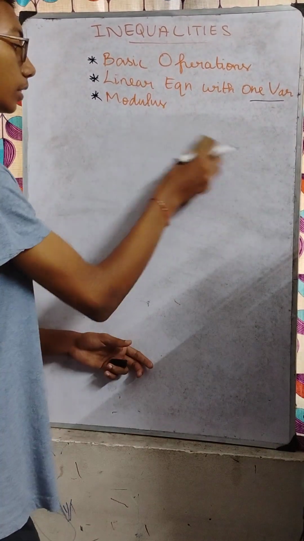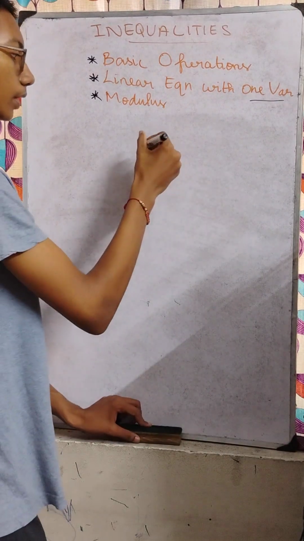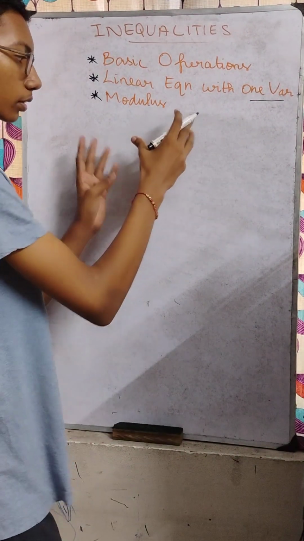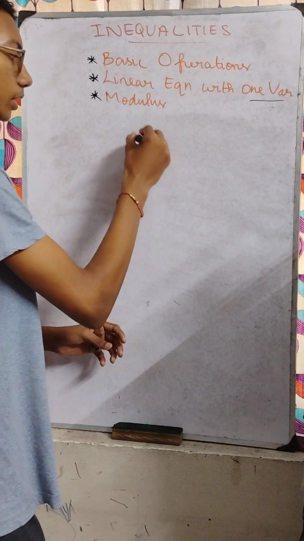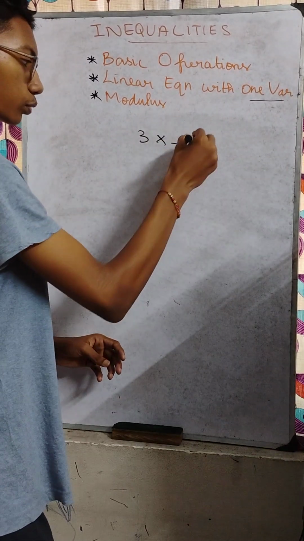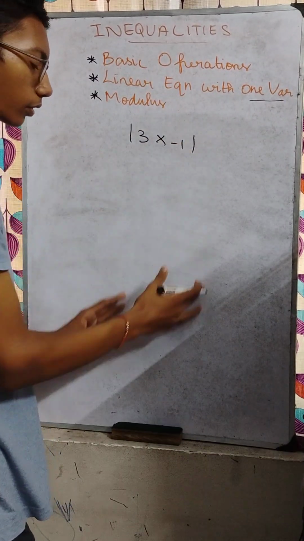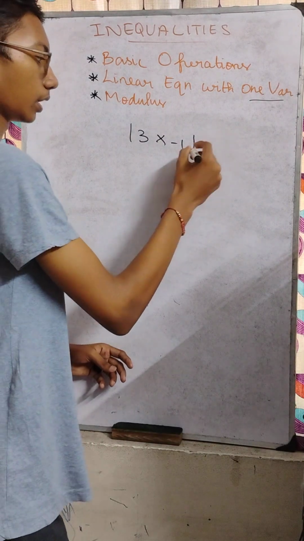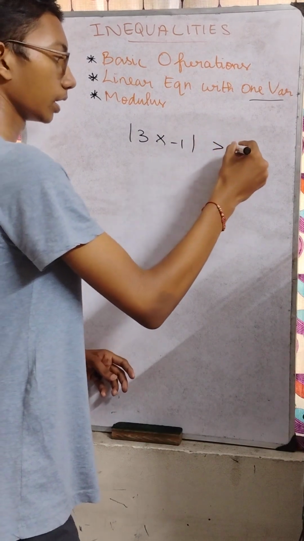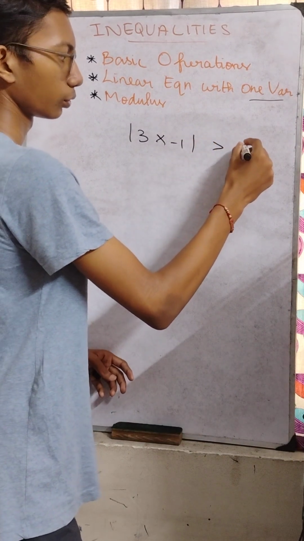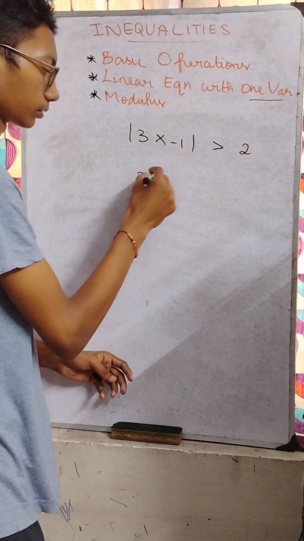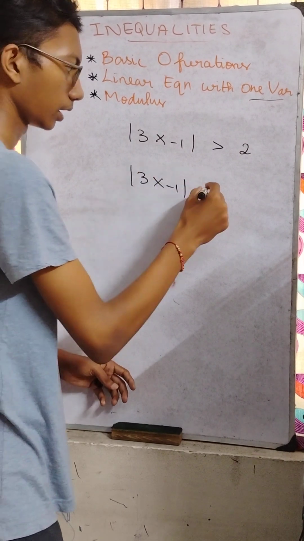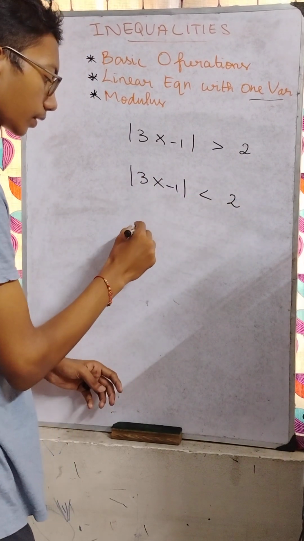What if we have modulus in inequalities? There are four types for modulus. Let's say 3x minus 1, which will be common for all these questions. Let's take modulus of 3x minus 1 is greater than 2. Next we will have 3x minus 1 is less than 2.